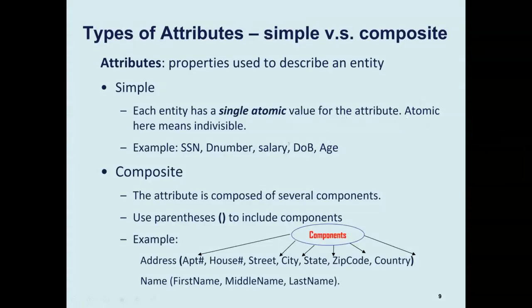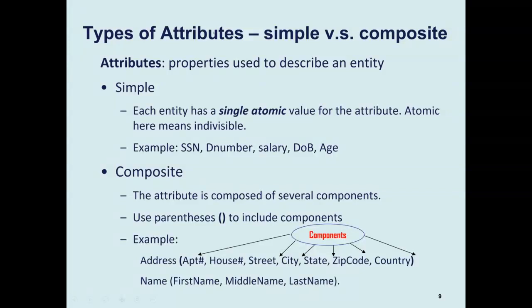For the DOB, you may think, oh, we can divide the DOB into the month, day, and year. I think usually, in order to represent an accurate date, we have to use all of them. So DOB might not be the best example for a single, atomic or simple attribute.